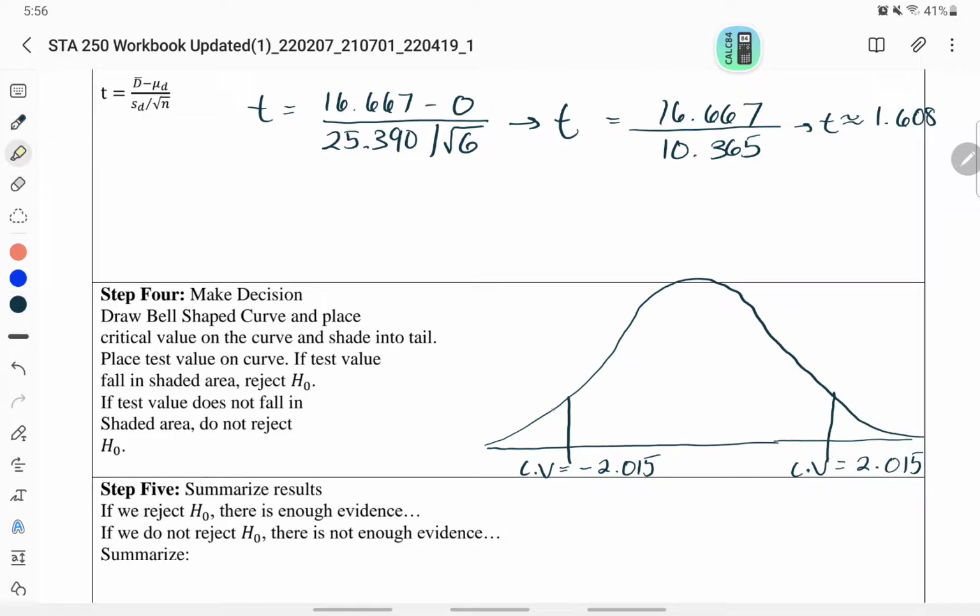And then we're going to shade into the tail regions. Now remember, if the test value falls within the shaded or the highlighted areas in this case, we're going to reject the null hypothesis, which means there is evidence to support our claim. However, if the test value does not land within the shaded area, do not reject the null hypothesis, which means there is not enough evidence to support the claim.